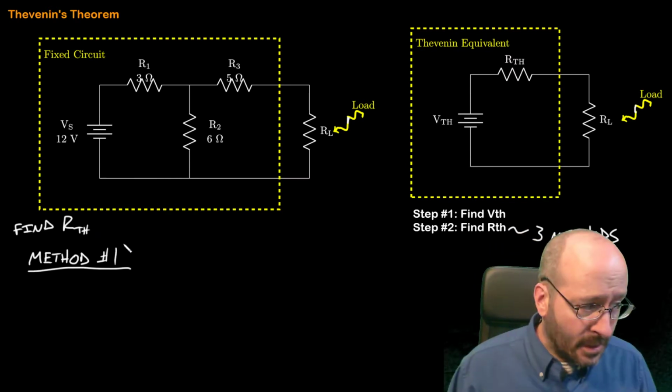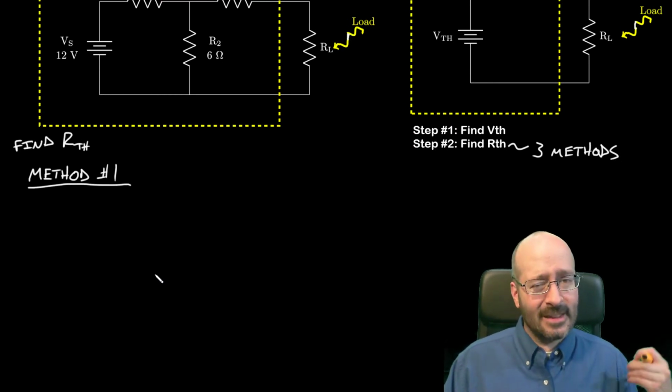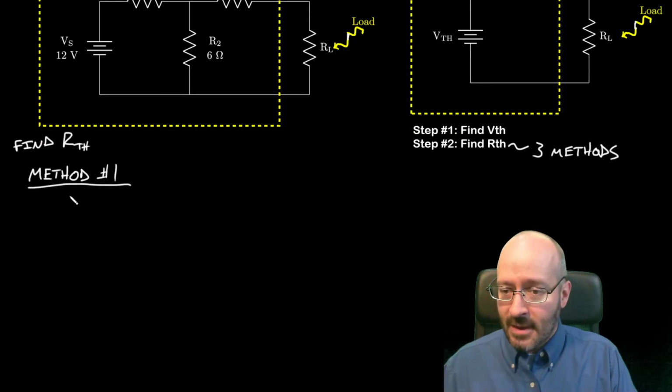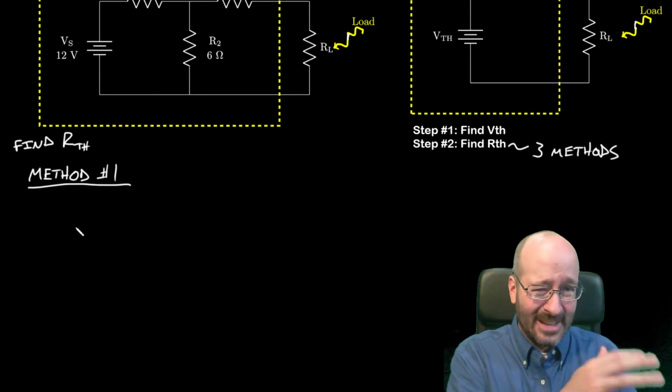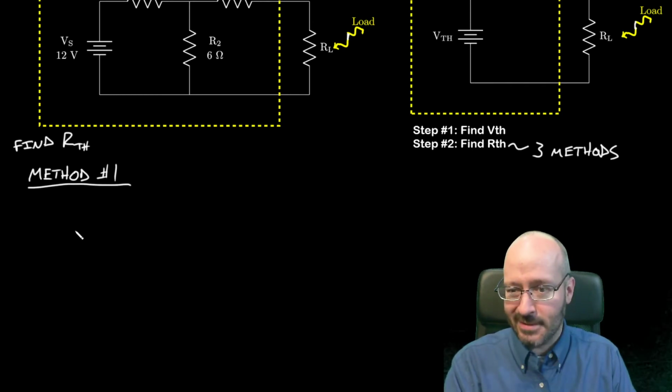Okay, so there's a limitation to this method, and I like to state the limitation right up front, because if you don't, it might get lost. You should know when this method works and when it doesn't work, and that's why there's 3 methods.